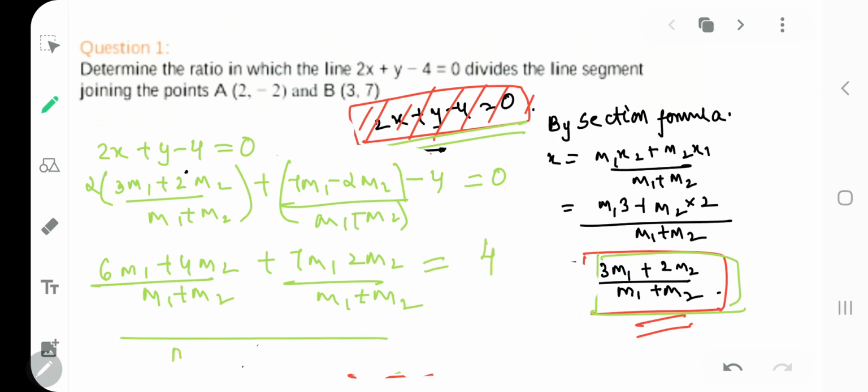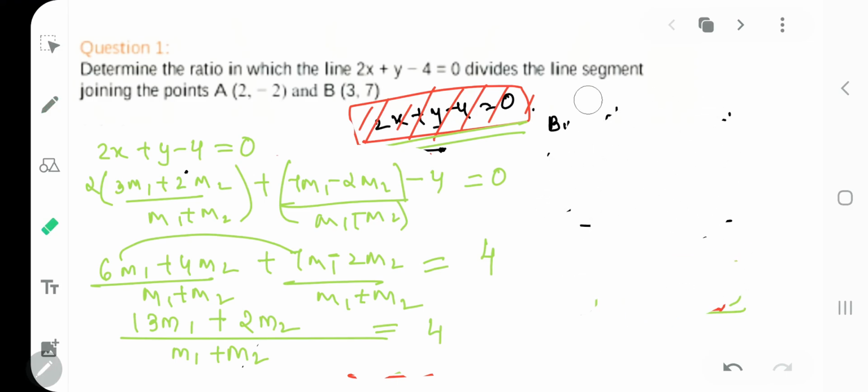Because they have like denominators, I'll directly add: 6m1 plus 7m1 is 13m1. And 4m2 minus 2m2 is plus 2m2, equal to 4. Got my point clear?